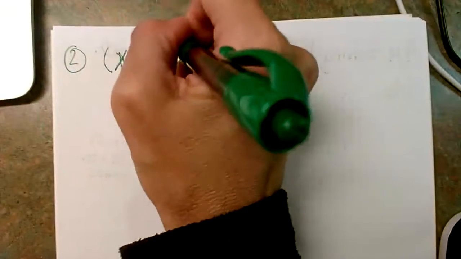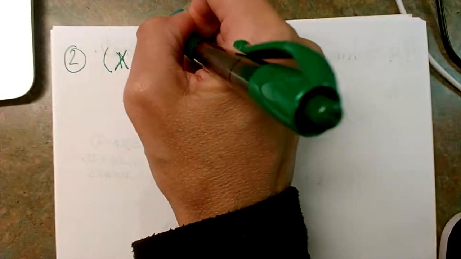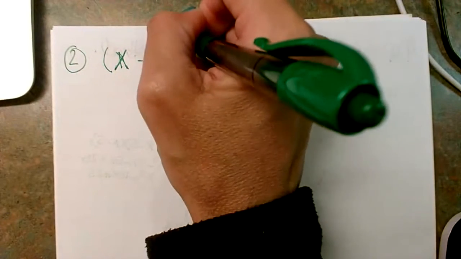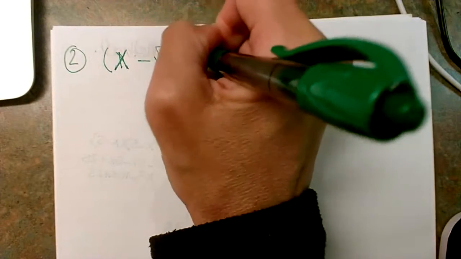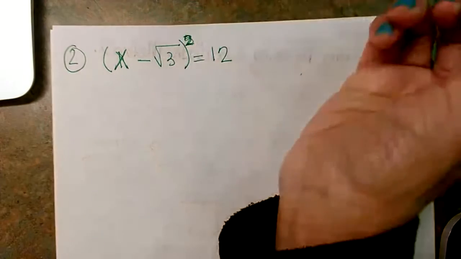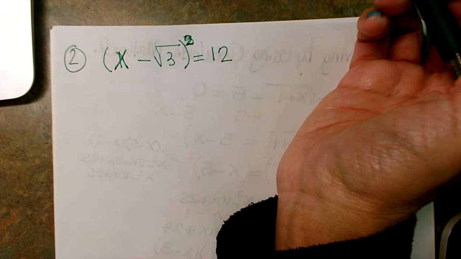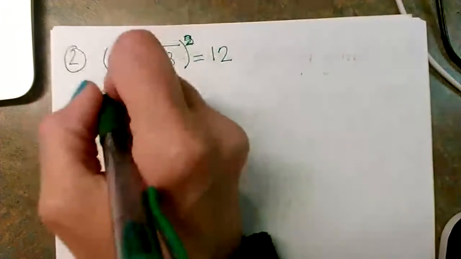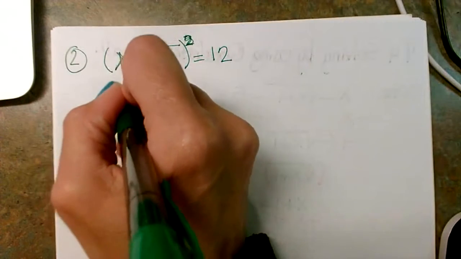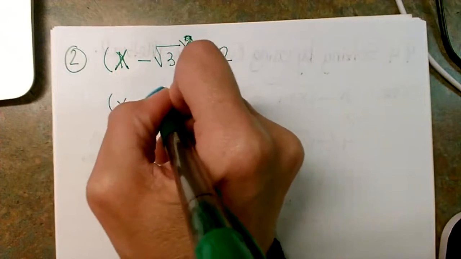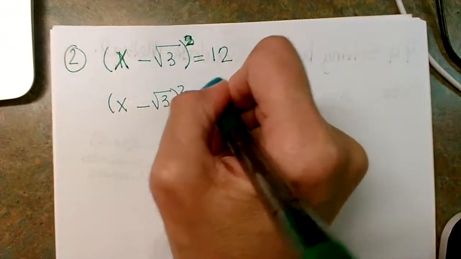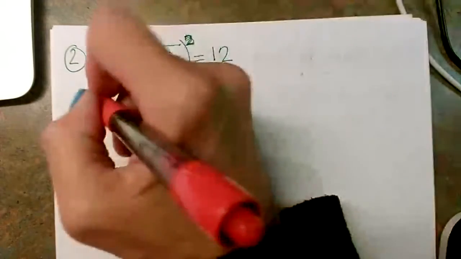X minus the square root of 3. So let me write it down again. What do I do in this case?